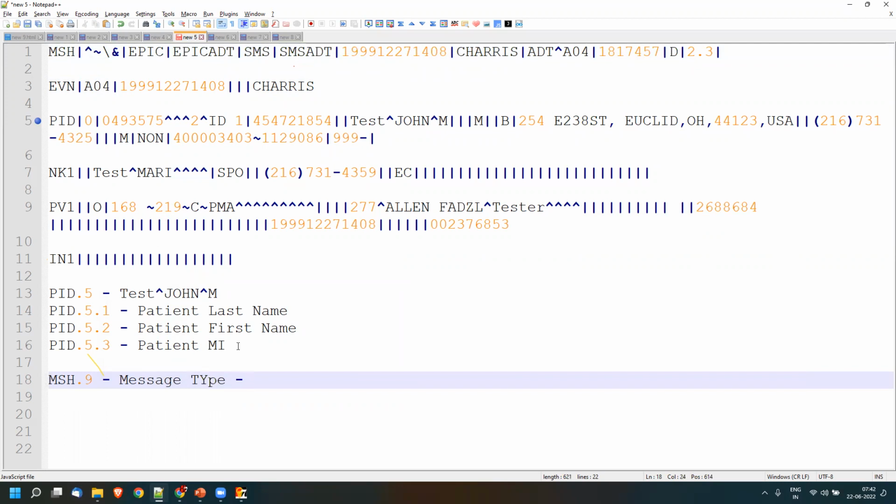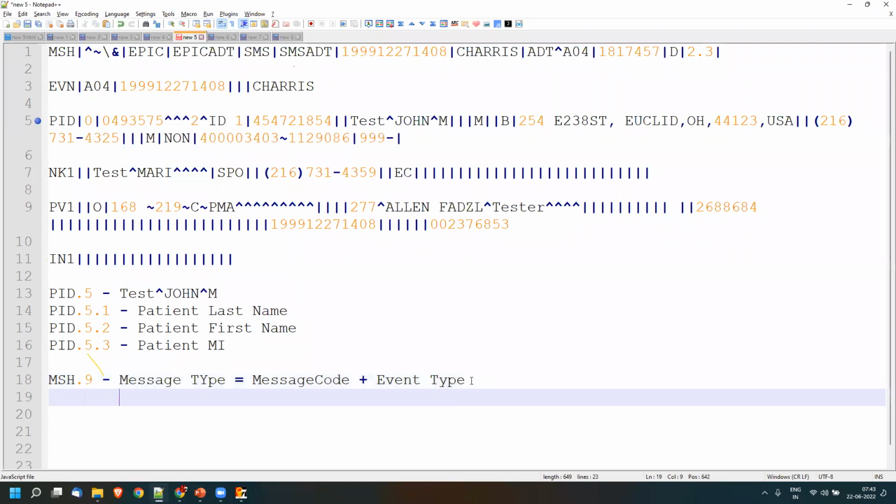And message type is always a combination of message code plus event type. Okay. So message type is nothing but always a combination of message code and event type.